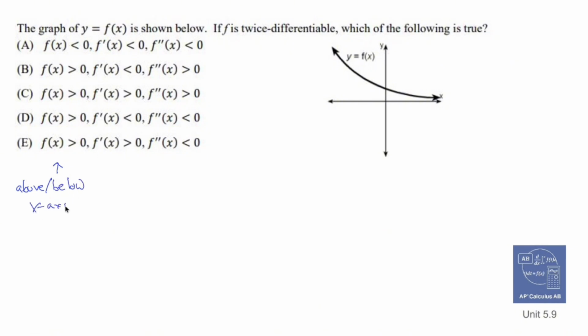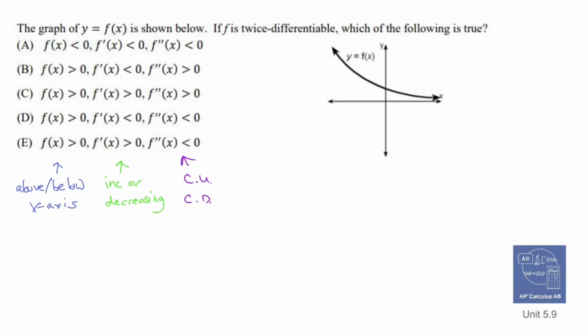That is part 1. Part 2, the derivative tells me if it's positive or negative, whether it's increasing or decreasing. The second derivative tells me whether it's concave up or concave down.